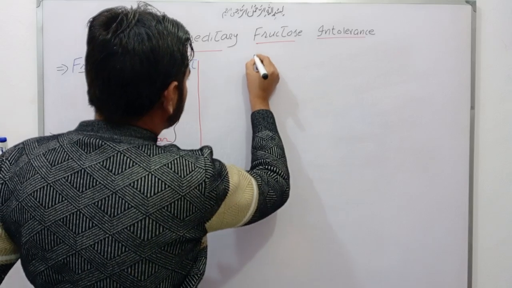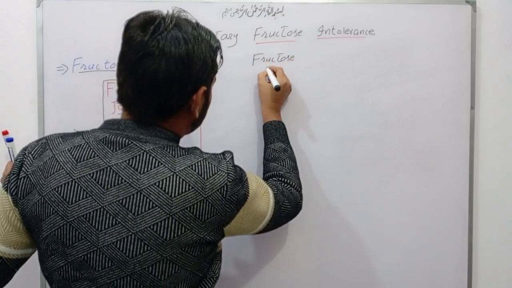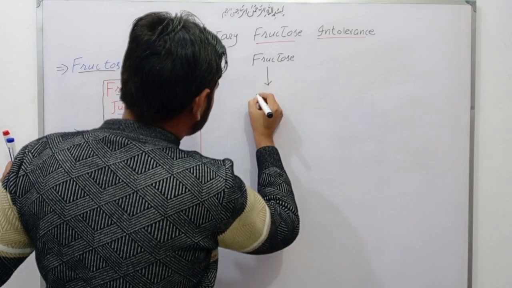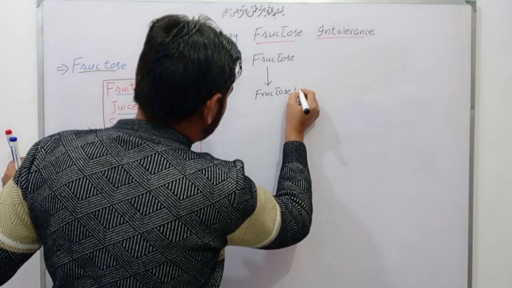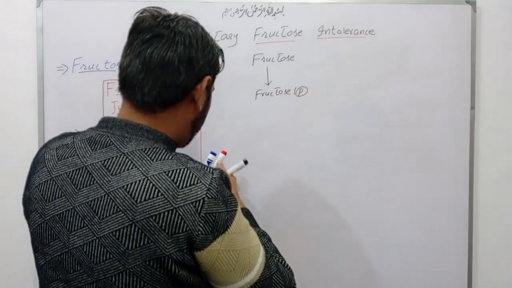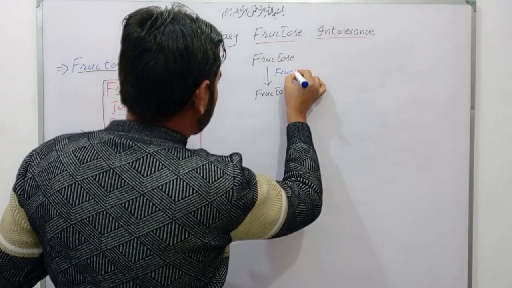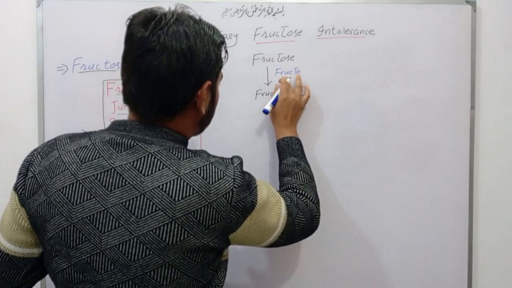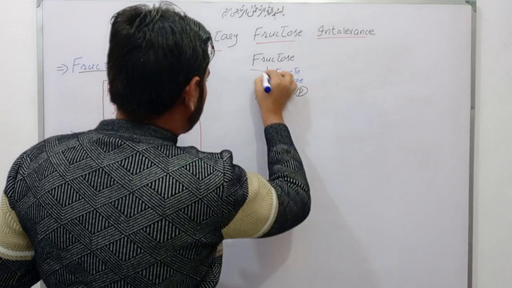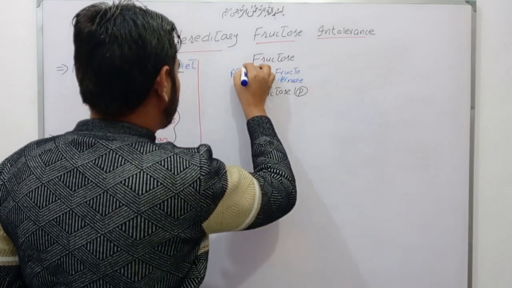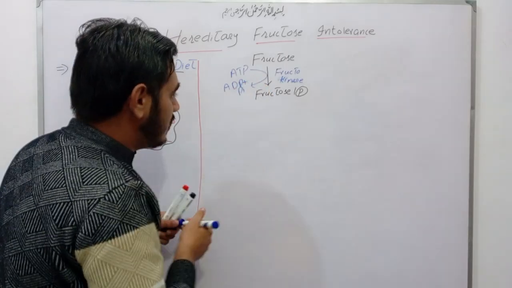This fructose converts into fructose 1-phosphate by the action of fructokinase enzyme, and ATP is utilized, which converts into ADP and inorganic phosphate.